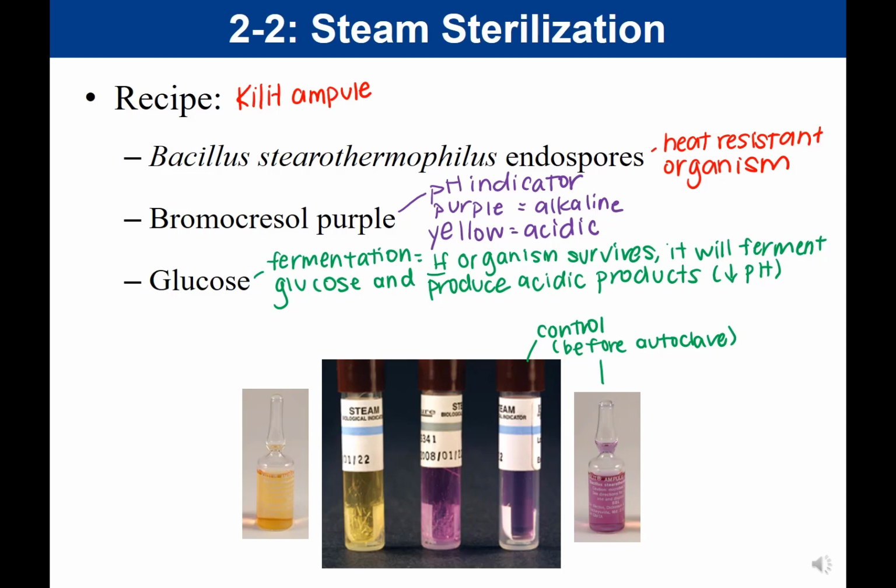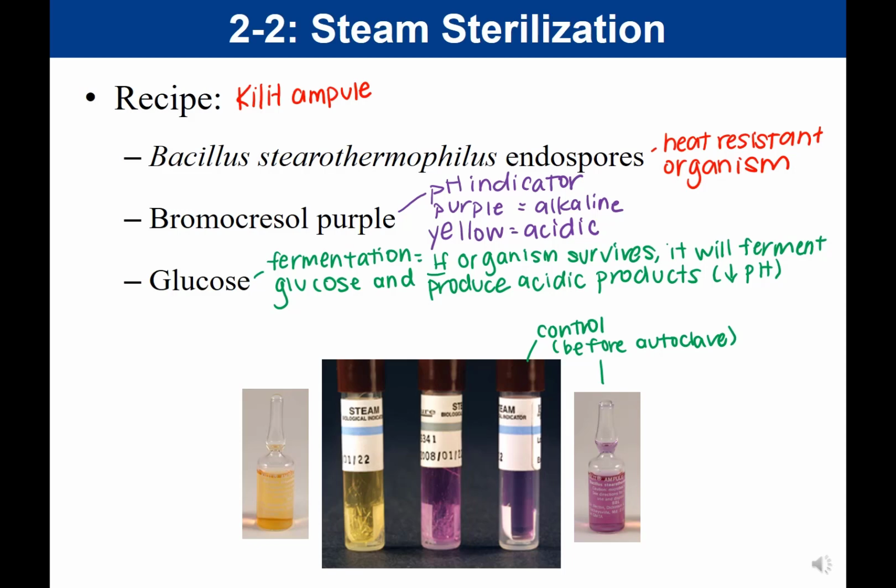So if the endospores survived, they need a food source. They're going to use the glucose as a food source. And so if the organism survives, it's going to start to ferment the glucose. It's going to produce the acidic products, and it's going to turn yellow.